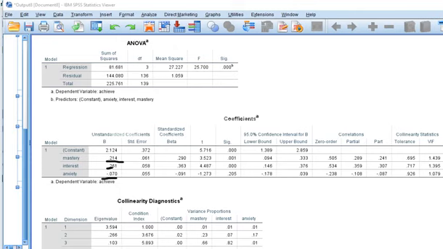So in the context of a multiple regression, these coefficients within our model are essentially referred to as partial regression coefficients. In the simple regression context, we were just referring to them as the regression coefficient.